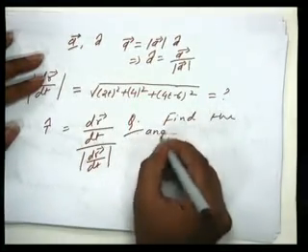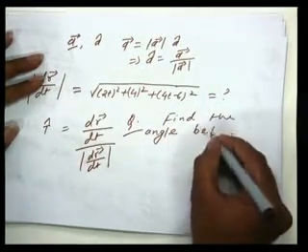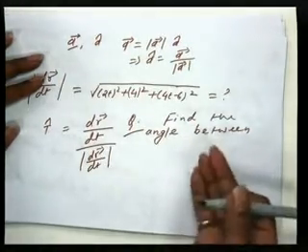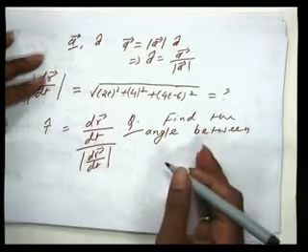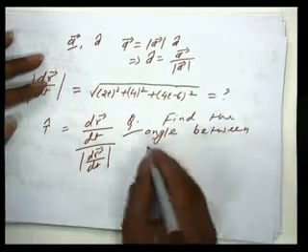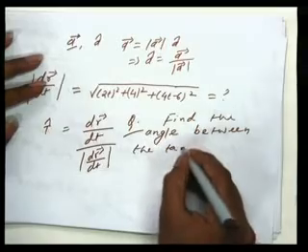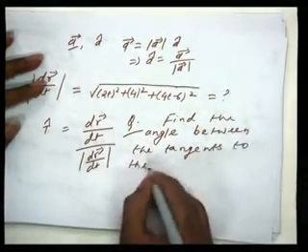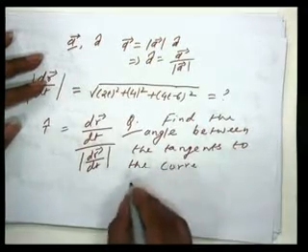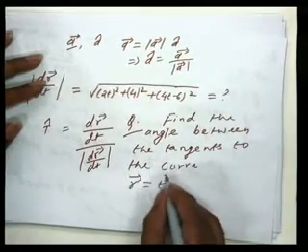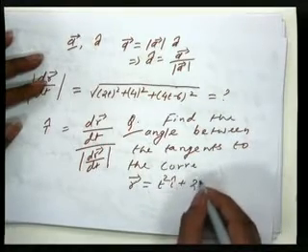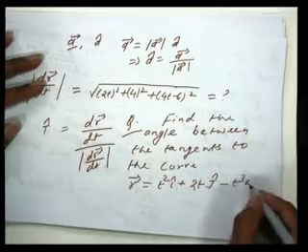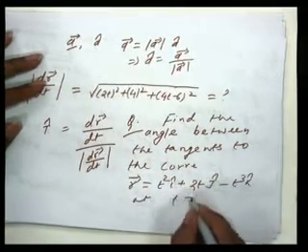Find the angle between the tangents. Similar questions, or lower level questions like this, you might have solved in your elementary classes, right? Find the angle between the tangents to the curve r vector equal to t square i cap plus 2t j cap minus t cube k cap at the points t equal to plus and minus 1.